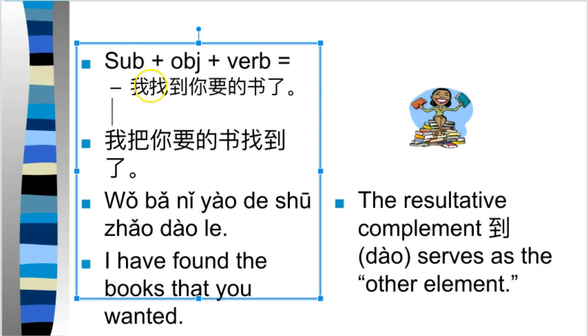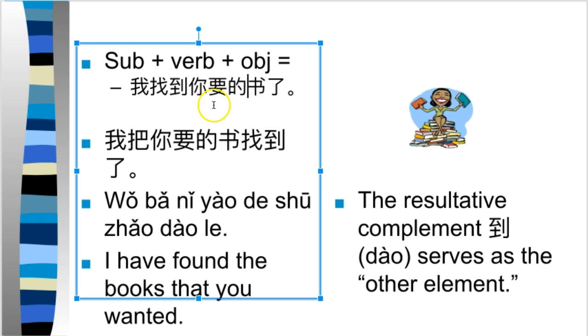Is this a correct structure? In fact, it is. I could say that. Excuse me, I'm getting ahead of myself. Subject verb object sentence. 我 is a subject. 找 is the verb. 你要的书 is the object. If you want to simplify it, like 我找到书了.